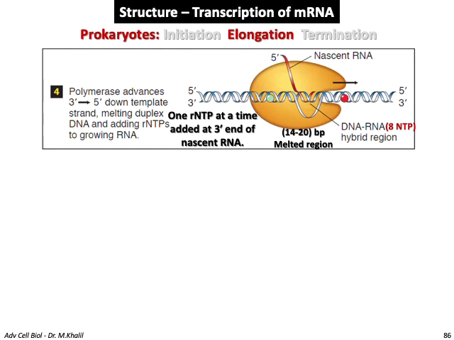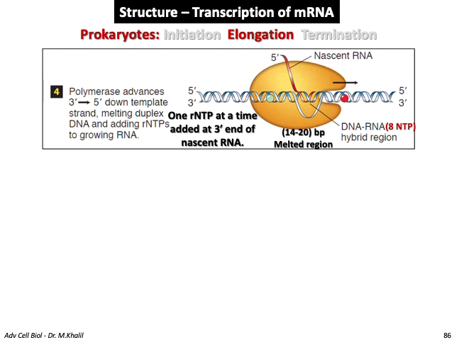It's important to know that usually the RNA is bound to the DNA for the last 8 nucleotides, and this is the hybrid region of DNA-RNA. And if you remember, we said in a previous slide that the structure of a DNA-RNA hybrid is A form, not B form.